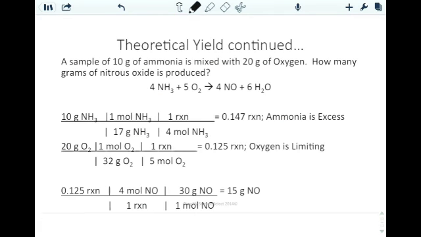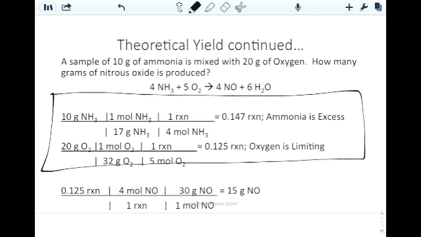Okay, so let's look at how we do this. This first step up here should look very familiar because that's how we figure out what the limiting reactant is. And this is how many moles can be used. That's how many moles of oxygen are available to be used in the reaction. So this is how many moles are in the reaction.